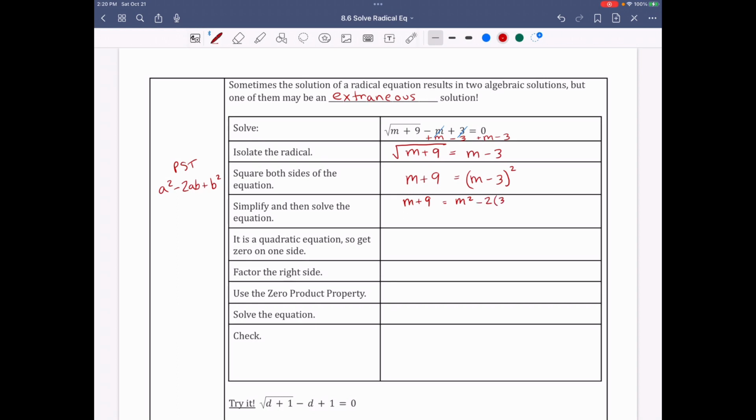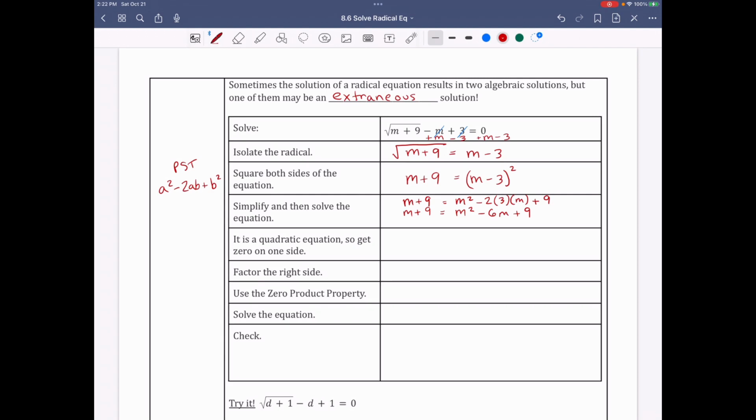I'm going to put the 3 next and then the m, so it would be BA instead of AB, plus 3 squared, which is 9. So this is m plus 9. I'm just going to simplify and then solve it. M squared minus 6m plus 9.